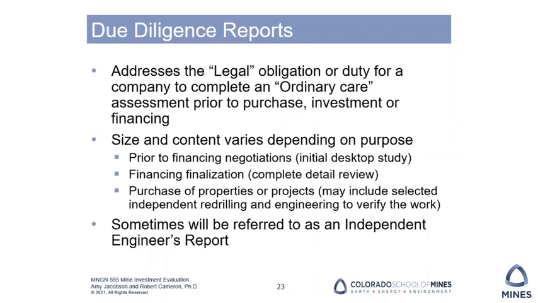And the amount of work and the cost of these things can vary tremendously. For example, if you're purchasing a project that's in feasibility stage and you're spending $2 or $3 billion on this project, the financing institute or purchaser may decide that they want to do some independent re-drilling to verify that that 300 meters of 5% copper actually is there.